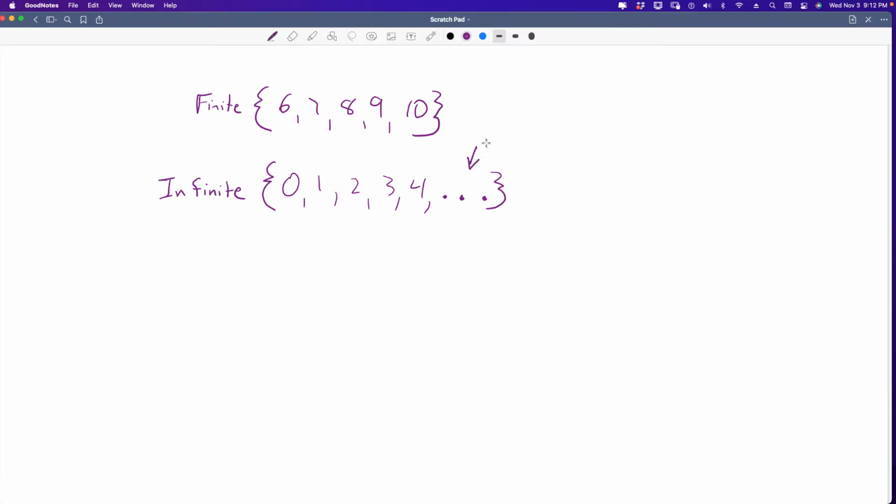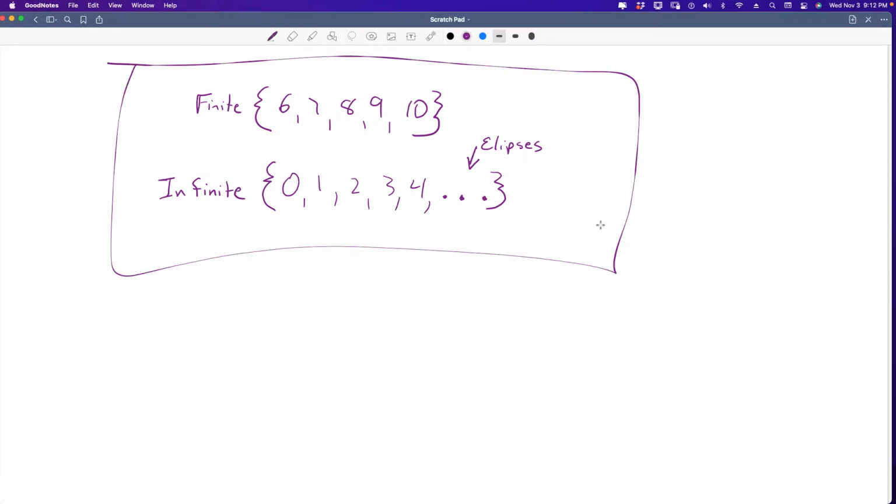And an infinite set has this ellipsis, or ellipses, right there. That's how you know that it is infinite. All right, so you're going to want to put that in your notes because it will probably be a definition or a question on a test at some point in the future. And you're going to want to be able to flip through and go, okay, yeah, I got that. Right? But just remind yourself of it.